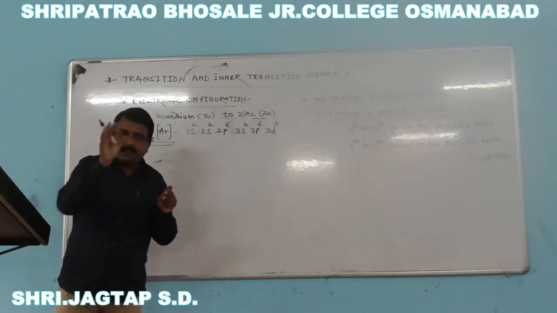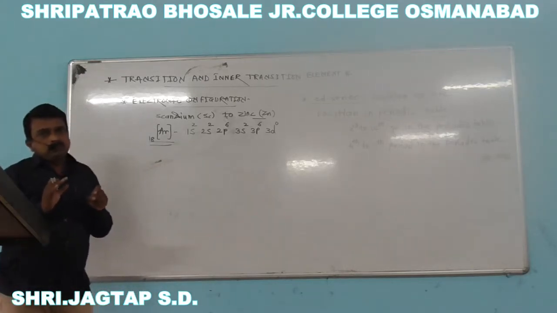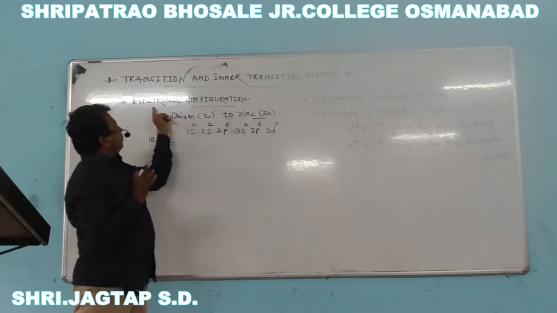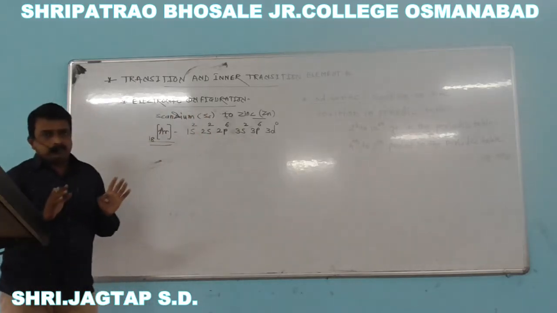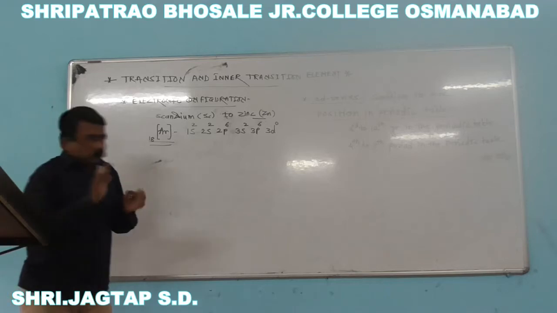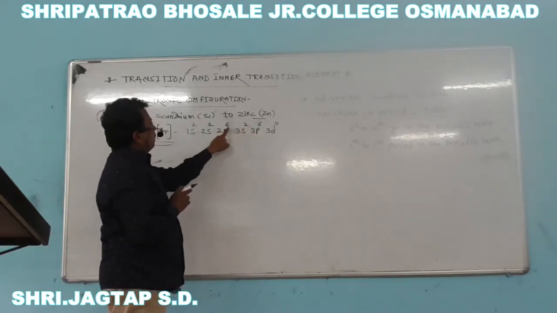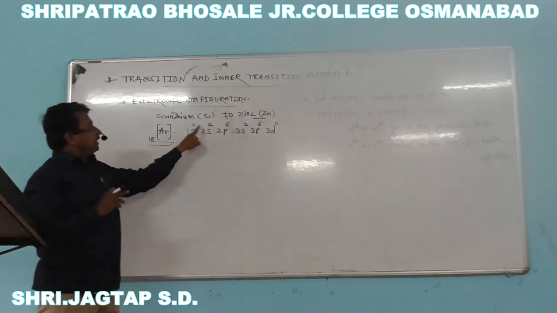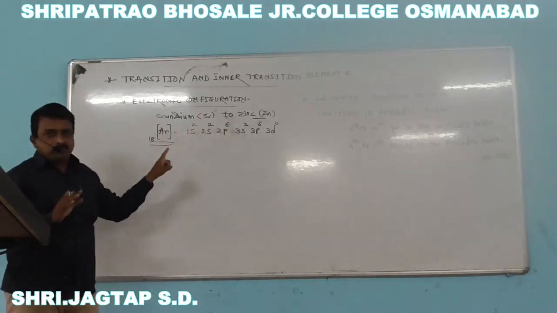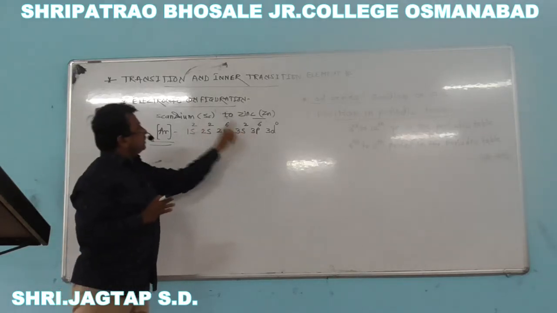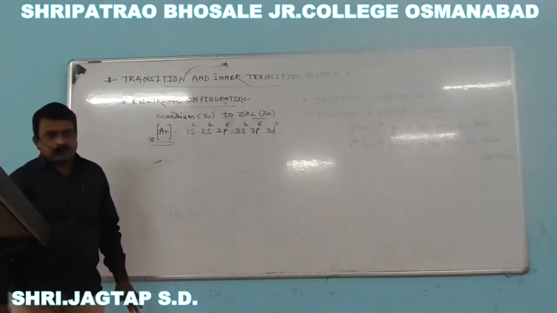It contains 18 electrons. The distribution of 18 electrons in different orbitals is called electronic configuration. The total number of electrons: 2, 4, 6, 8, then 14, 16 and 18. The distribution of electrons in various orbitals is called electronic configuration.